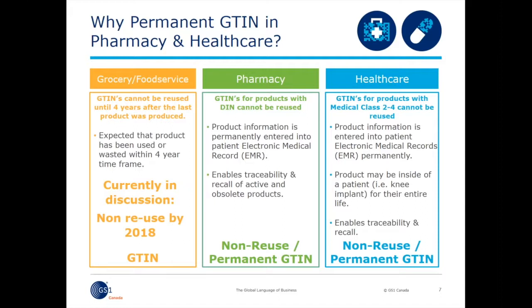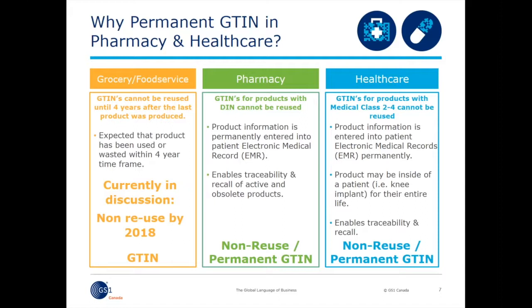But even these items are being lobbied to have non-reuse implemented for e-commerce applications. In a pharmacy and healthcare setting, the GTIN is much more. It can be used in patient records for track and trace applications to enable quick and accurate recall procedures when warranted, and it adds an additional level of patient safety when properly utilized.